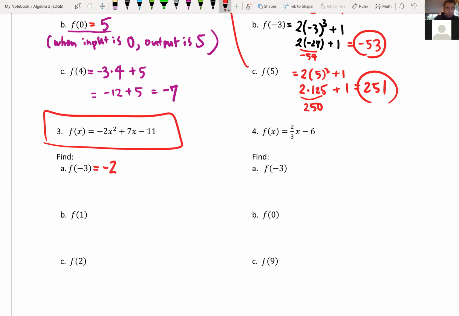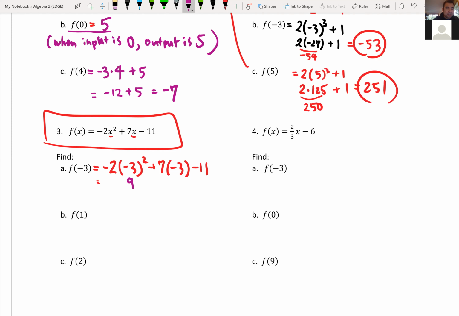Negative 2 times negative 3 squared plus 7 times negative 3 minus 11. So the first step is to insert negative 3 into all the x's, right there and right there. Negative 3 squared is positive 9.